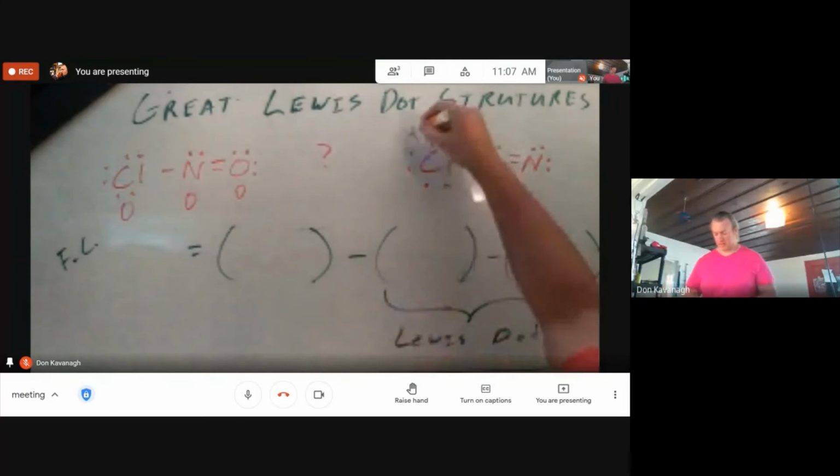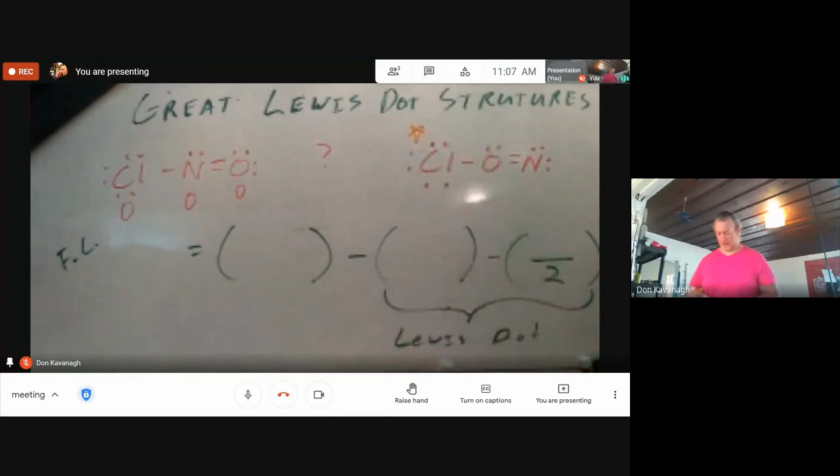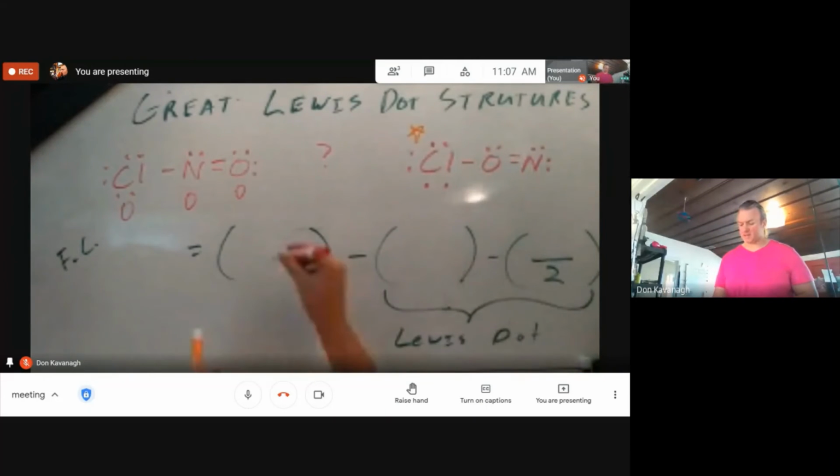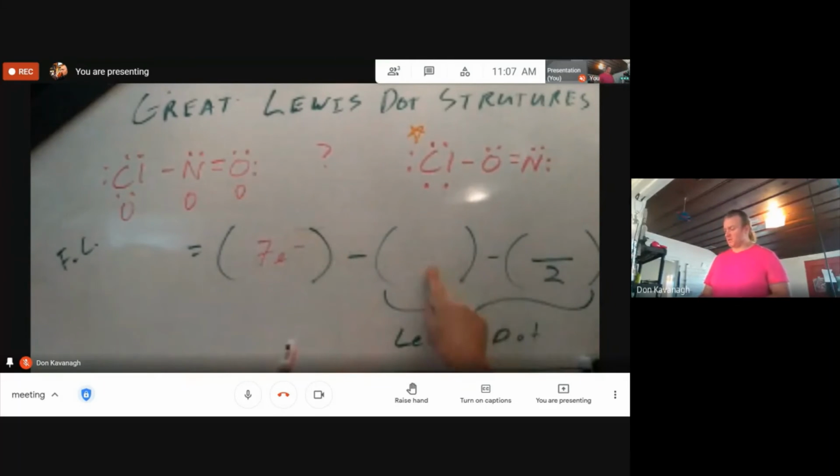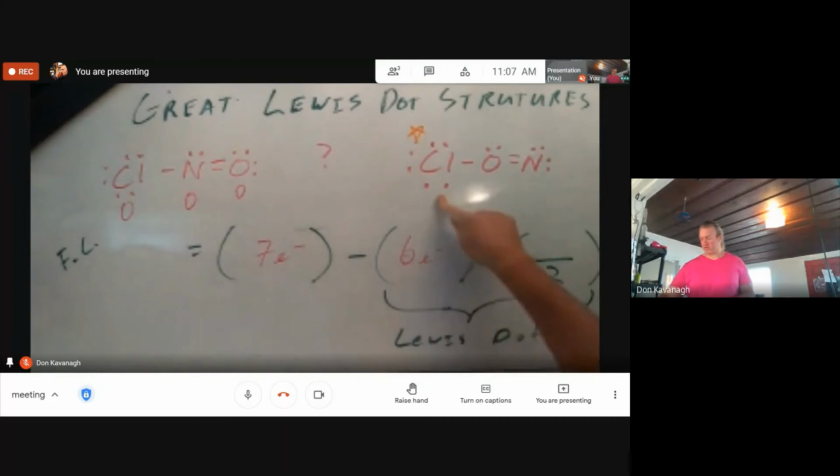Chlorine, as before, and every time you will in the future, has 7 valence electrons. In this Lewis dot structure, this chlorine has 6 electrons in lone pairs. And it has 2 electrons in bonds.